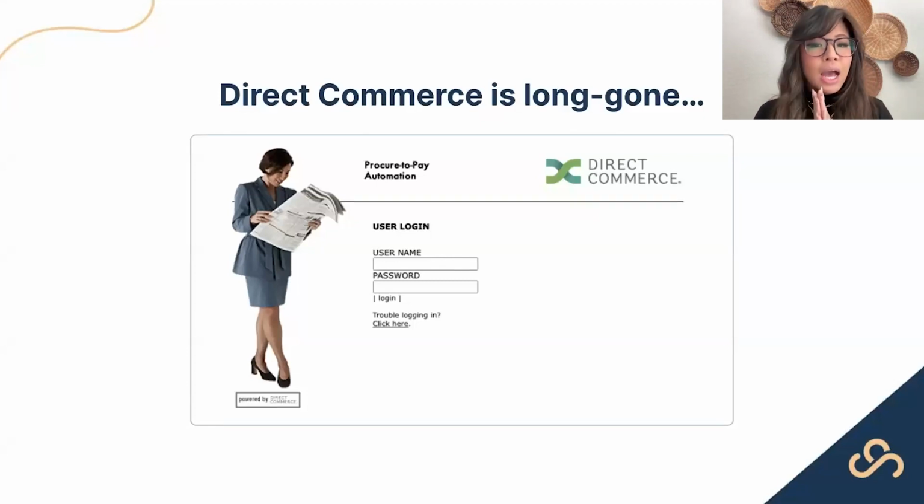Okay, so first things first, Walmart used to utilize a third-party application called Direct Commerce to handle all of its AP related deductions. You had to get a whole separate login to utilize it. But in Q4 of last year, they officially announced that Direct Commerce would be going away.